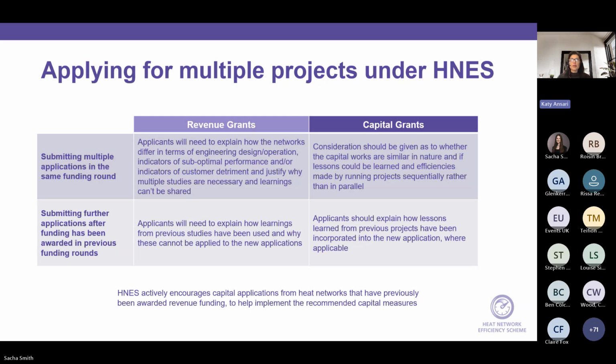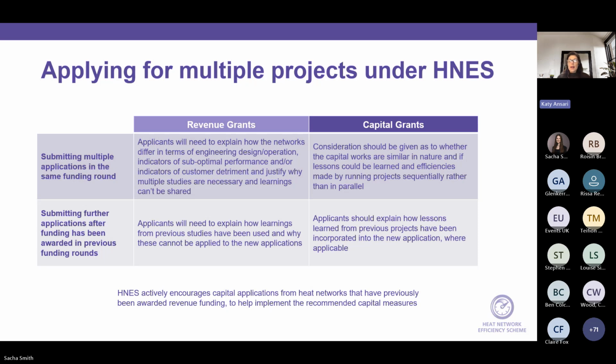As for submitting further applications after funding has been awarded in previous rounds, we ask that the applicants explain how many lessons learned from the previous studies have been used and why they can't apply these to new applications.